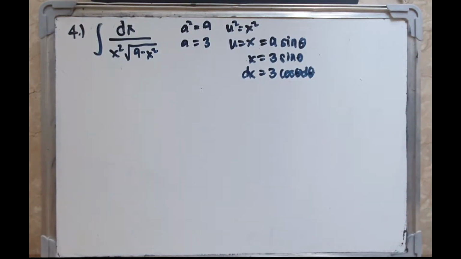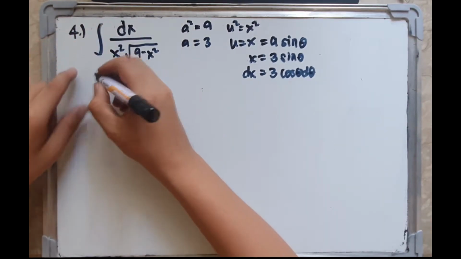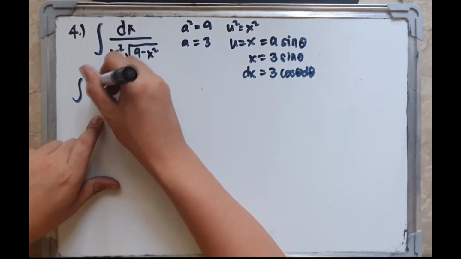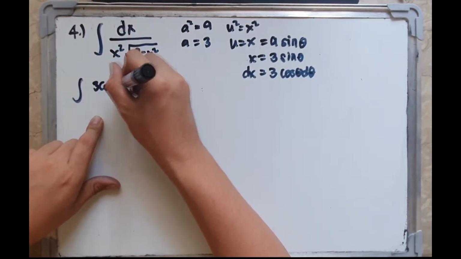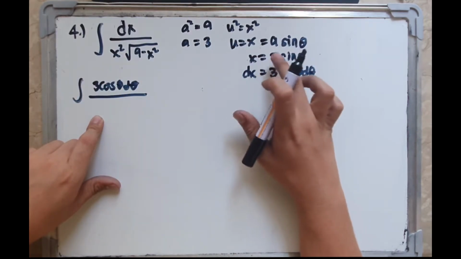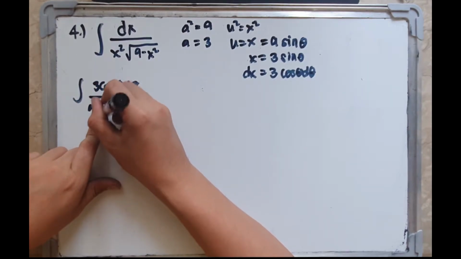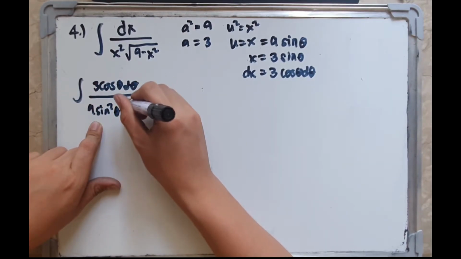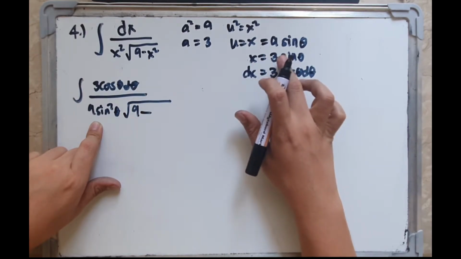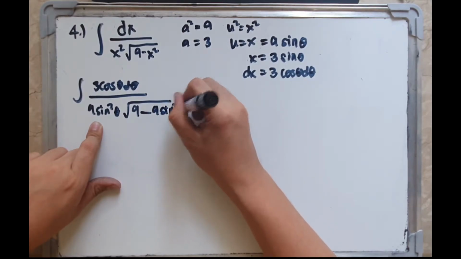Okay. So let's have the conversion. dx is 3 cosine theta d theta. Squaring x, we now have 9 sine squared theta. The square root of 9 minus, squaring this again, 9 sine squared theta.